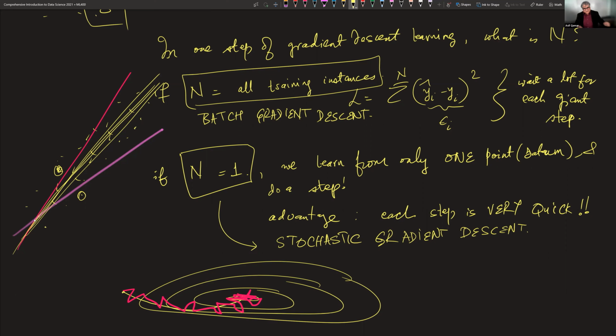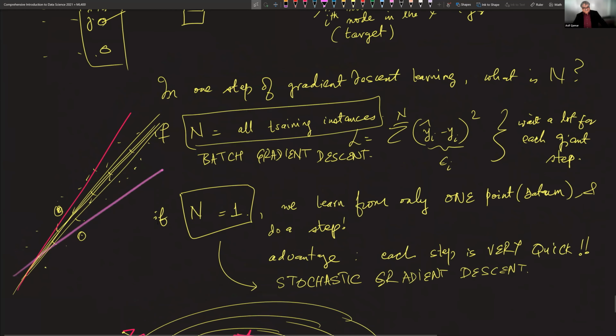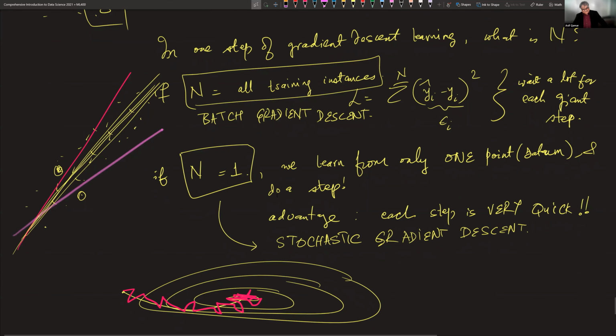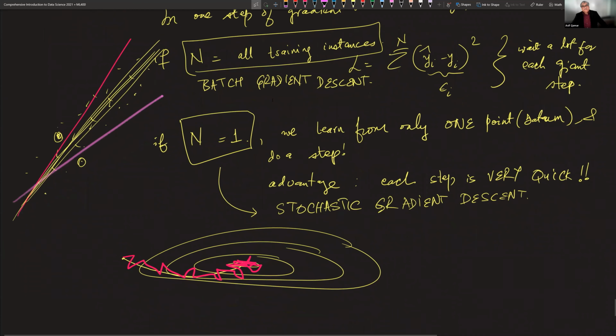So now you say, well, each of them has an advantage and disadvantage. In batch gradient descent, you take one giant step, but it takes a long time, right? And also there's some computational aspect. You can't parallelize learning. You can't do distributed computing and many things. When you take n equal to 1, you're very quick, but you zigzag around the solution.